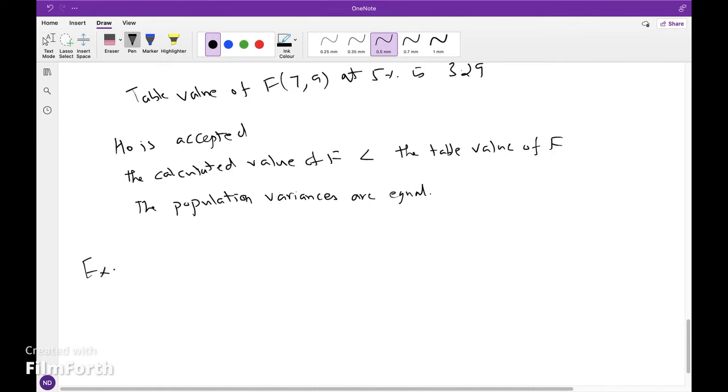Another example. Values of a variate in two samples are given below.